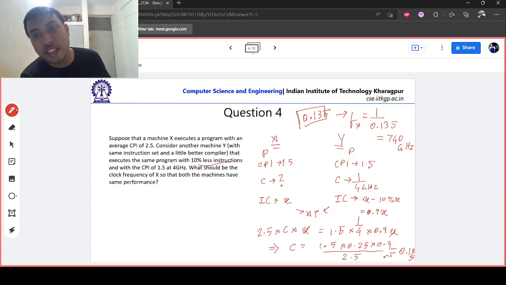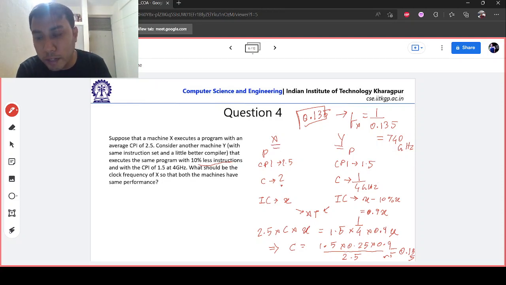Now it is given that the execution time of P in both X and Y is the same. So we write the execution time formula for machine X and also for machine Y. So 2.5 times C times X equals 1.5 divided by 1.4 times 0.9X. From this we find the value of C, which is 0.135.